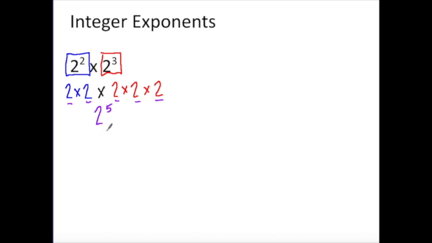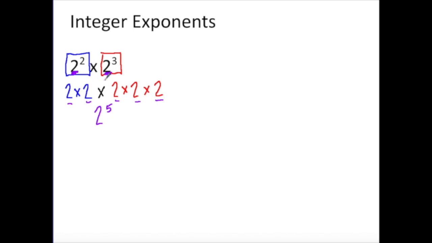Well, this is a lot of extra work to expand it only to simplify it. So let's see if we can generalize a pattern here. So I see I'm multiplying 2 squared times 2 to the third power. My bases are the same. I have a base of 2 and a base of 2. This is very important to remember.